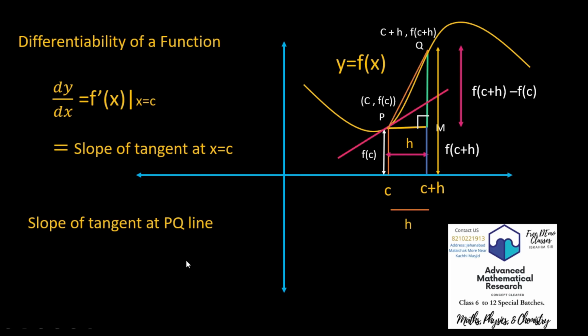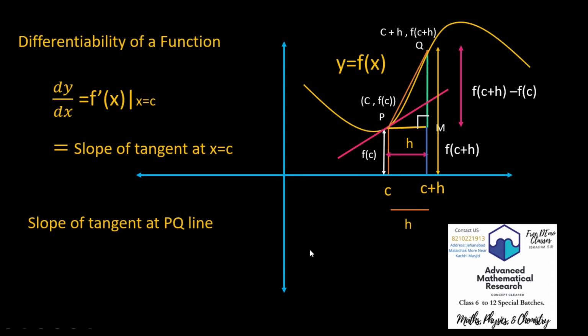Now what will be the slope of the line PQ? The slope of the line PQ must be equal to perpendicular, that is this light green, divided by base, that is the yellow base. Perpendicular is f of c plus h minus f of c, and the base will become h.